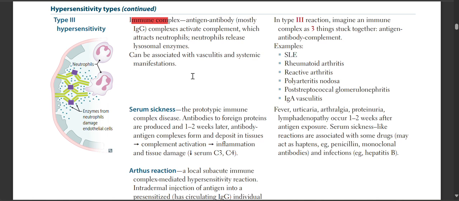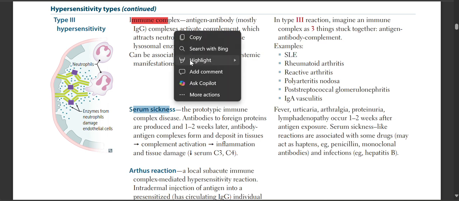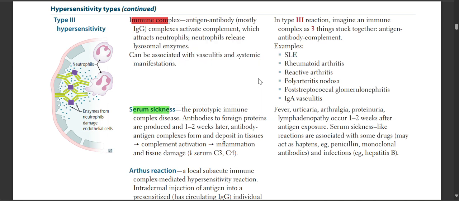So let's say you develop serum sickness. Serum sickness is a flu-like syndrome that you can develop after you take some medication. It's usually because of small proteins present in the medication which your body does not properly break down.